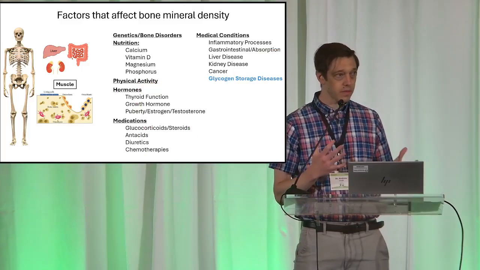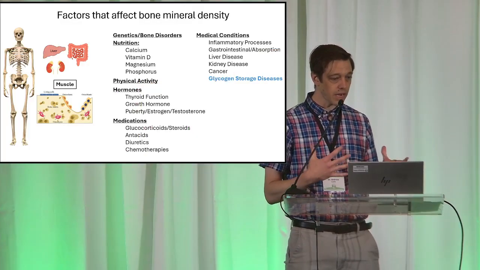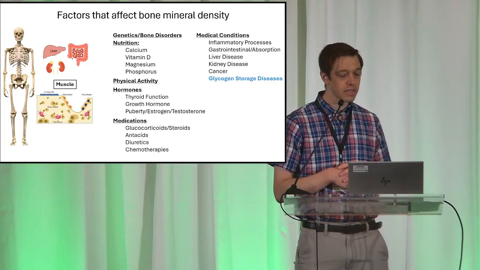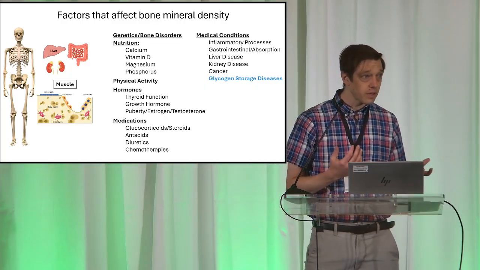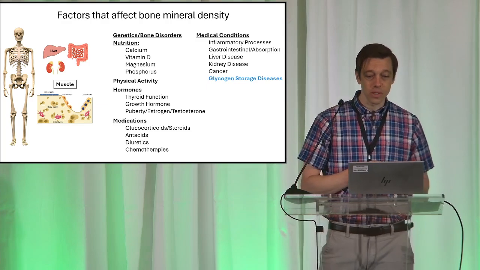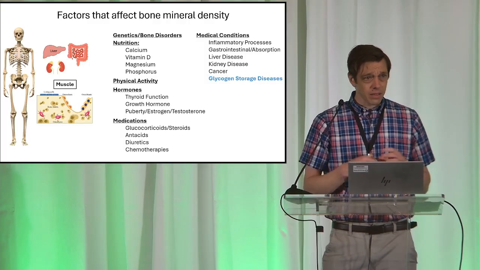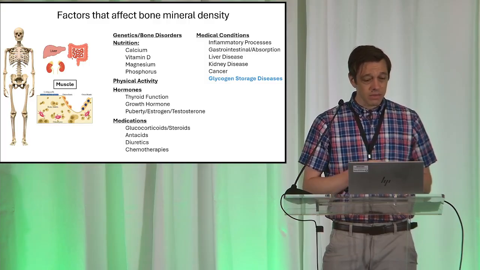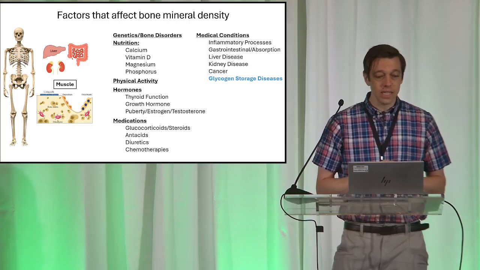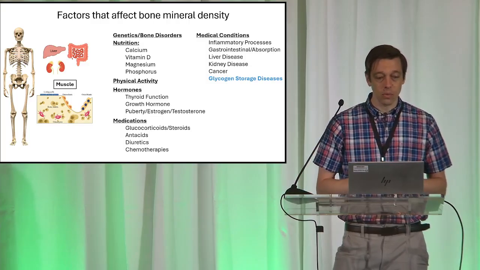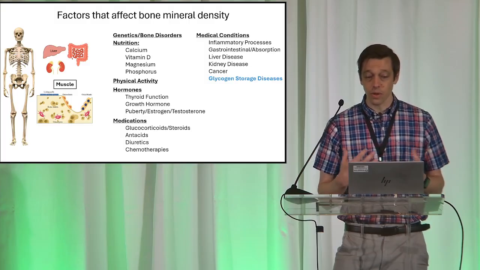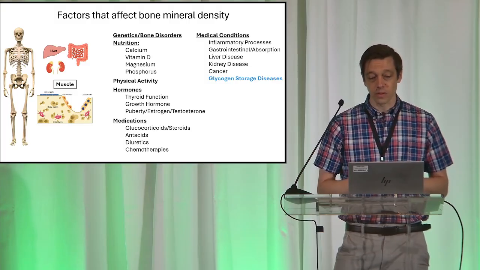So taking a bit of a shift, now we have that context. There are a lot of other factors that can affect bone mineral density. And so really thinking about bone, as we've talked about, at all levels, at each layer, we can think about what may enhance or decrease bone mineral density.